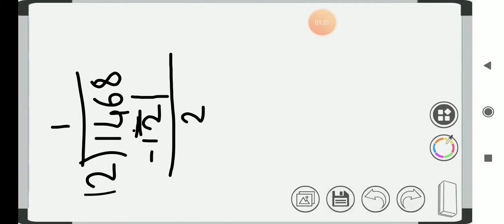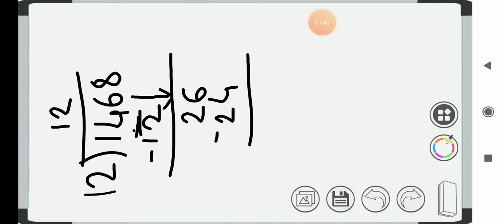Again take down the 6. What answer came? 26. Again we have to check if 26 is there; otherwise we take the smaller number than 26. 12 ones are 12, 12 twos are 24. So what is your answer? 2. 2 minus 2 is 0.